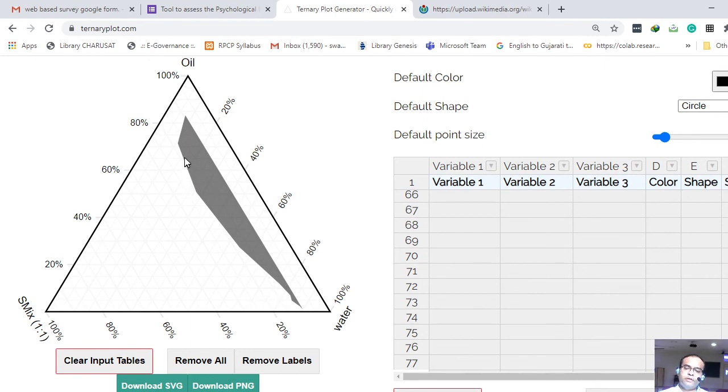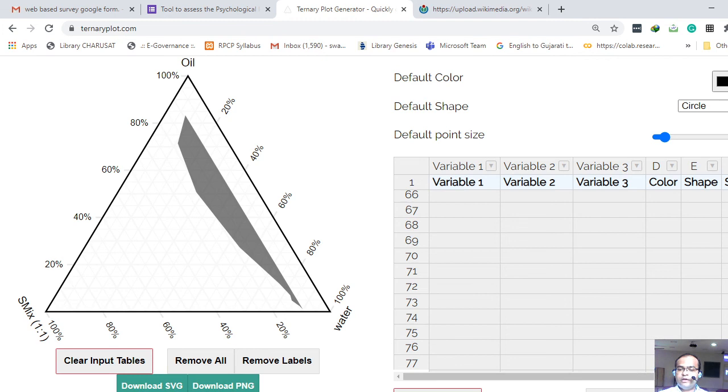It might be possible that this region gets broader with increasing the proportion of co-surfactant, or it may get reduced, right? So I may also have an idea what is the impact of co-surfactant over my microemulsion, right?